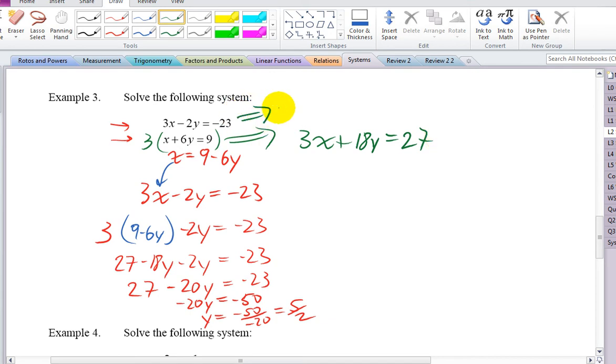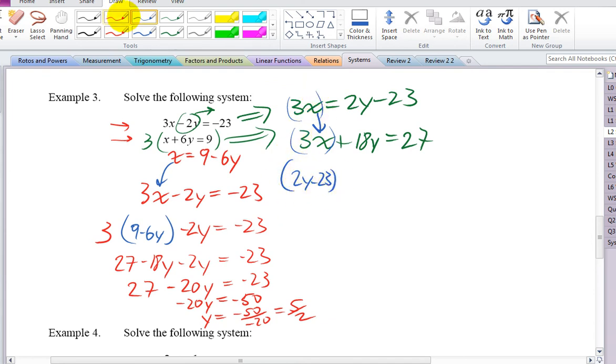Because this equation can change to 3x equals 2y minus 23. So I move my 2y to the other side. Now check out your substitution. Look how cool this is. The whole thing gets changed. So instead of 3x, I write down 2y minus 23 plus 18y equals 27. So that's some cool stuff. You'll see that once in a while.